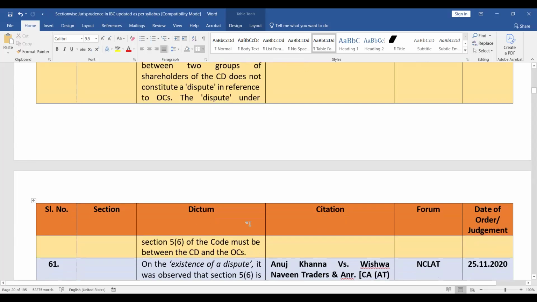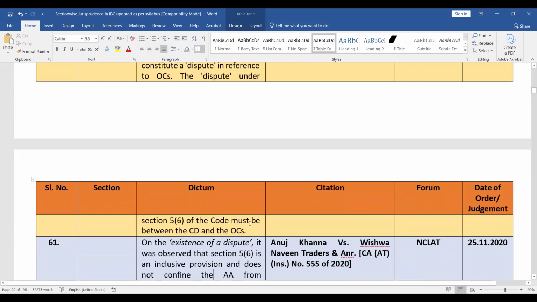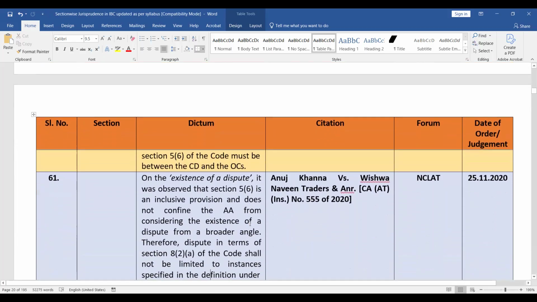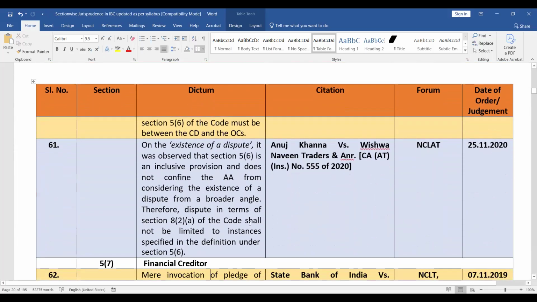The dispute under section 5 subsection 6 of the code must be between the CD and the OCs. Dispute किसके बीच में होना चाहिए? CD और OCs के बीच में. ठीक है.